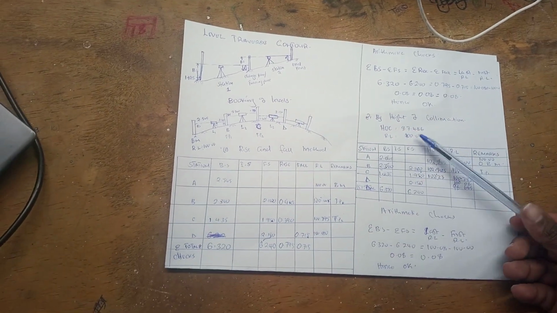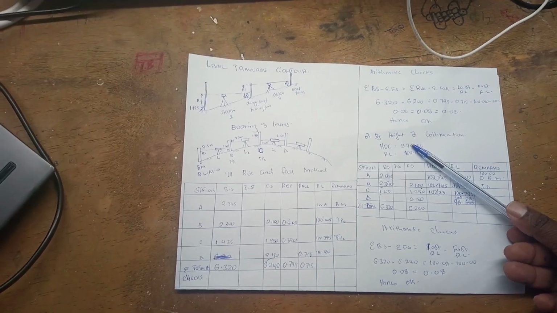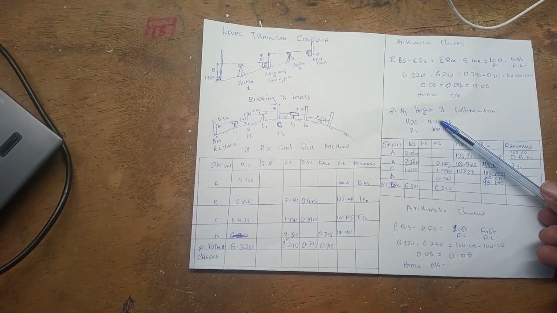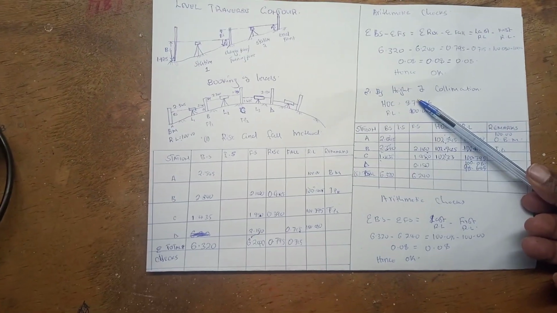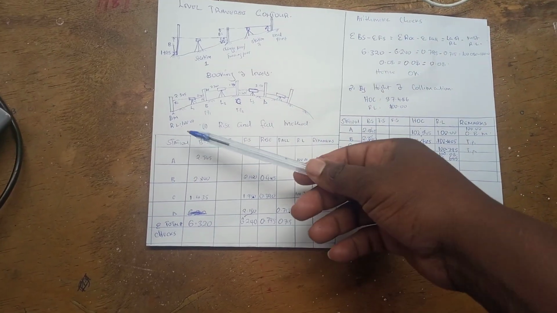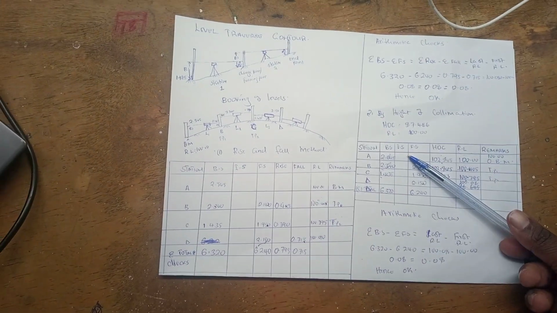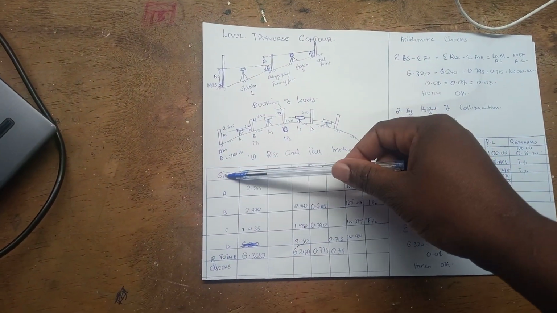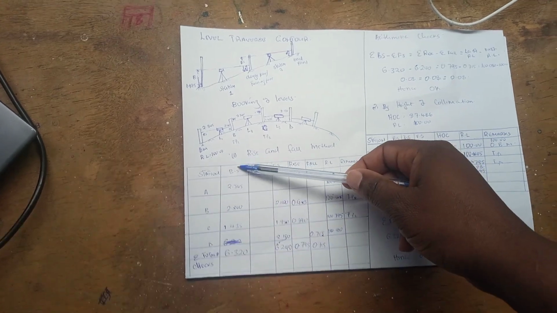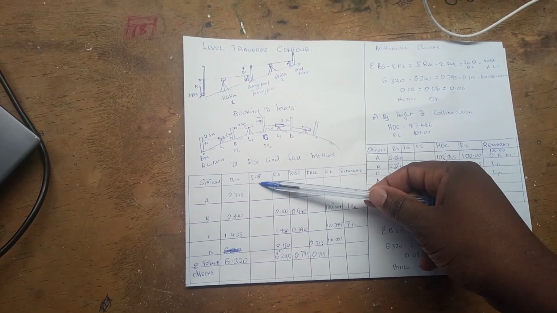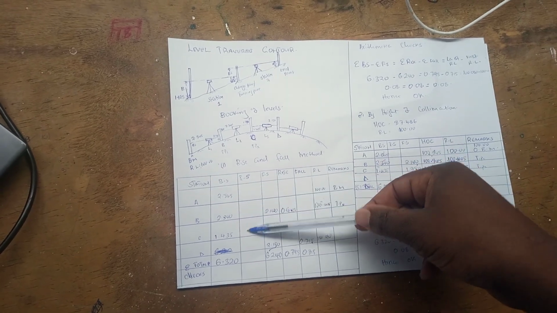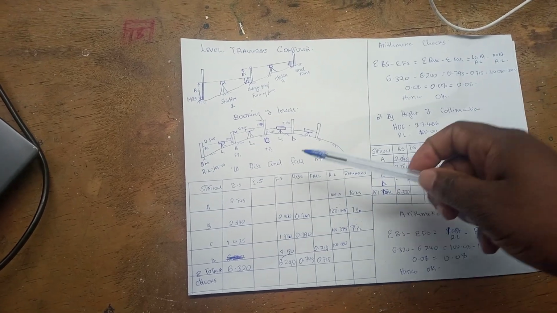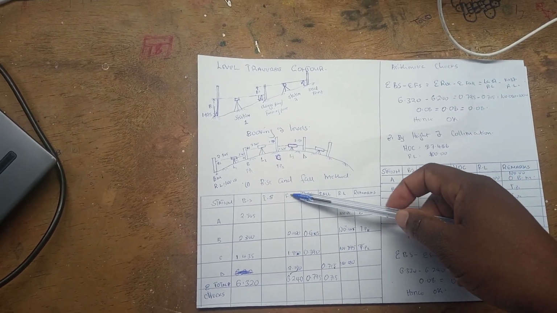Now, as you can see, I have only 4 points with me, and for this method of rise and fall, I have tabulated the data on the table there. As you can see, I have stations A, B, C, and D. I have my backsight levels, my intermediate levels where I didn't have any point, then I have my foresight levels.